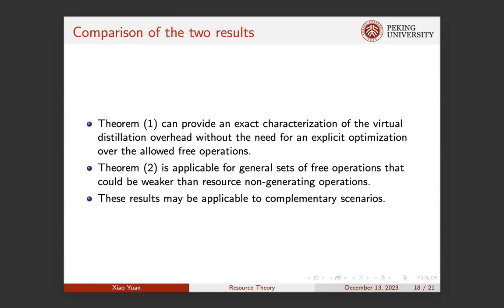As long as you can construct the generalized Turing operation, it is applicable, and in addition to resource non-generating operations, we could also consider less artificial definitions. So they are complementary to each other in practical cases.